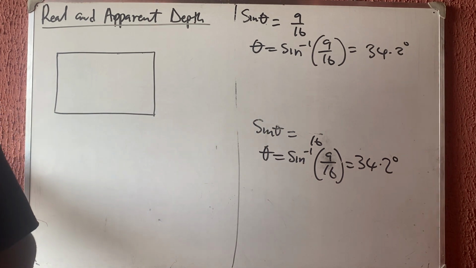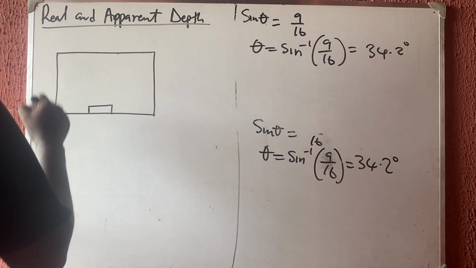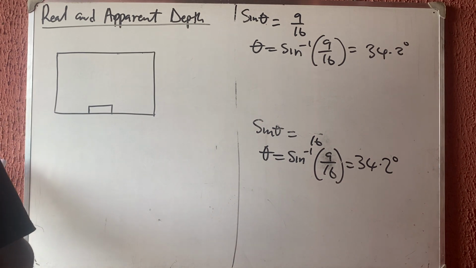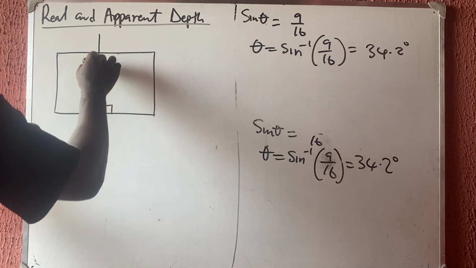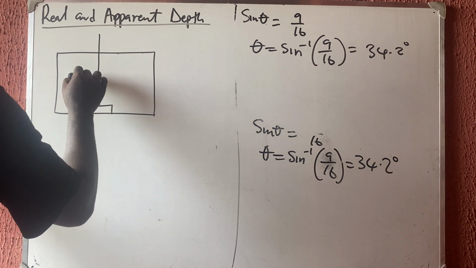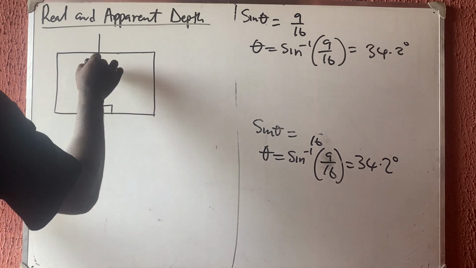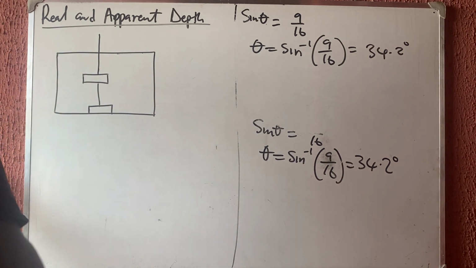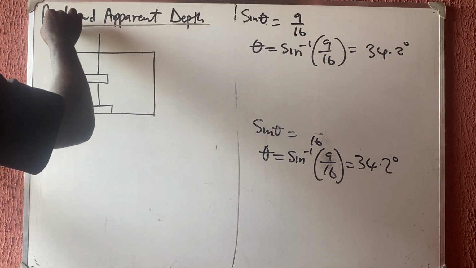Then I place maybe a coin inside this glass. Now, if you look at this coin from here, you will see that it appears to be somewhere closer. It doesn't appear at the same place. Let's draw this like this.